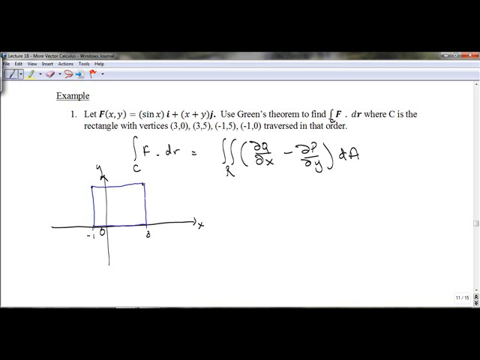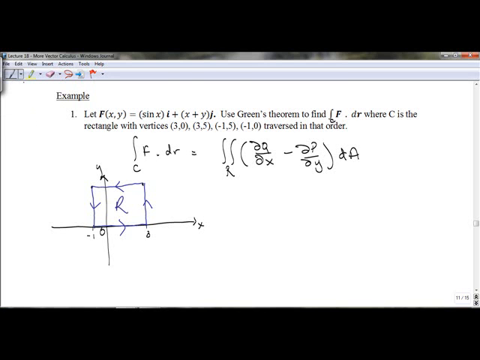So from (3, 0) to this, to that, to that, to that. So you know that this is counterclockwise, and this is your R in the center. It's over a rectangle, so the integral is going to be quite easy. Let us find these partials and subtract them.